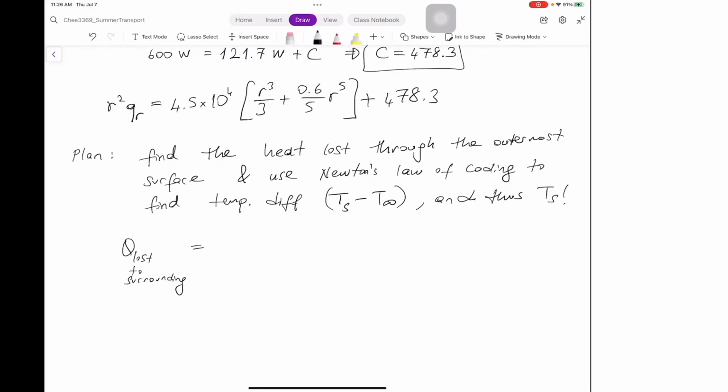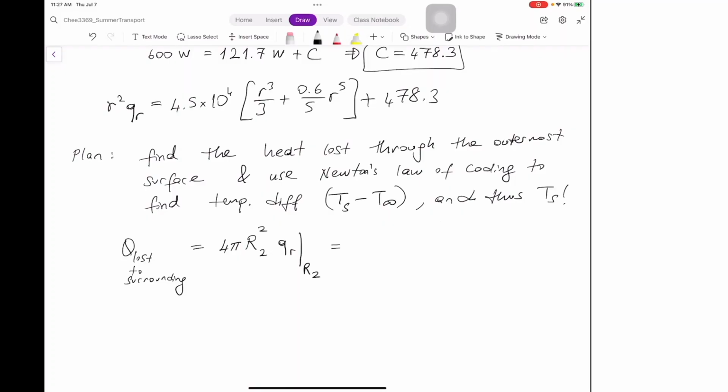It's basically the flux at the outer surface, right? It's the surface area 4 pi R2 squared times QR at R2, right?